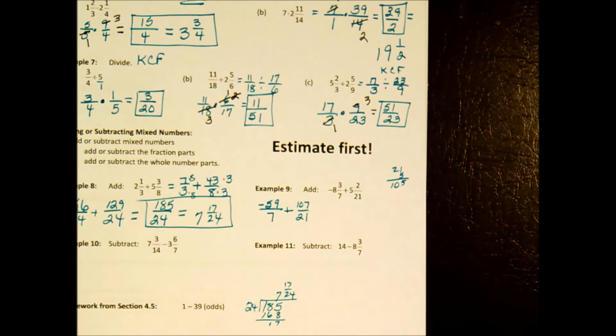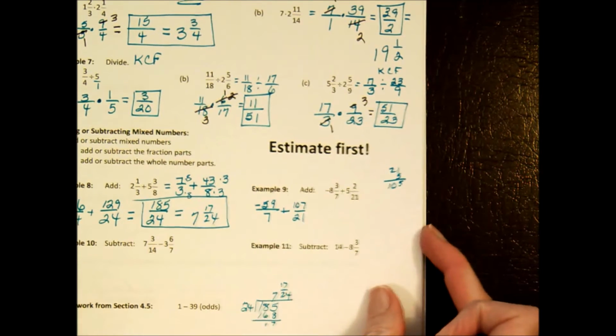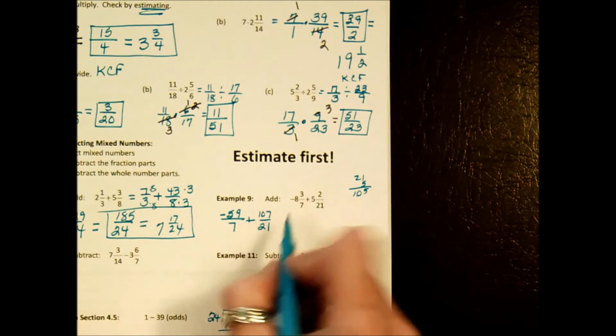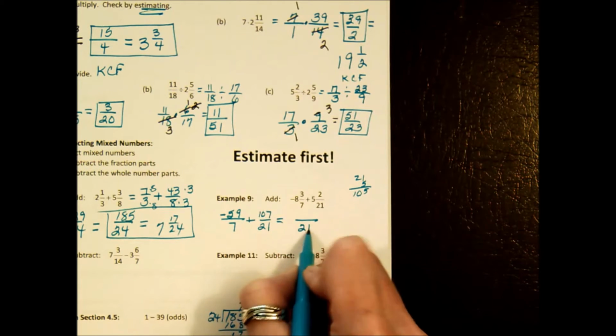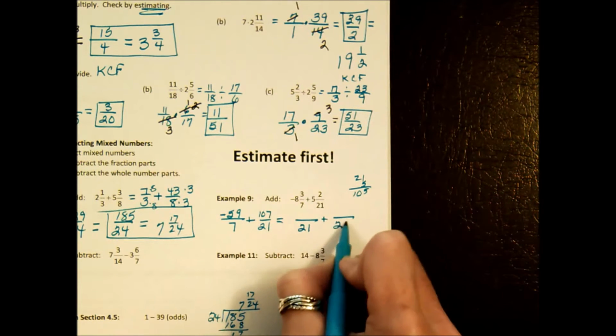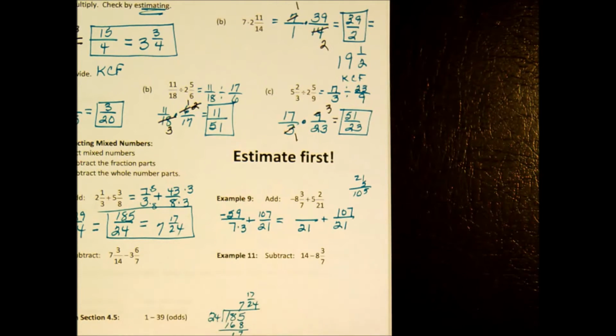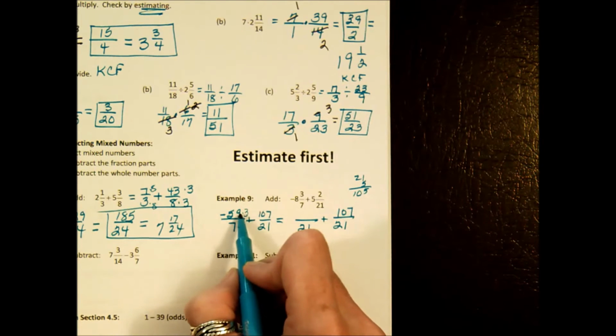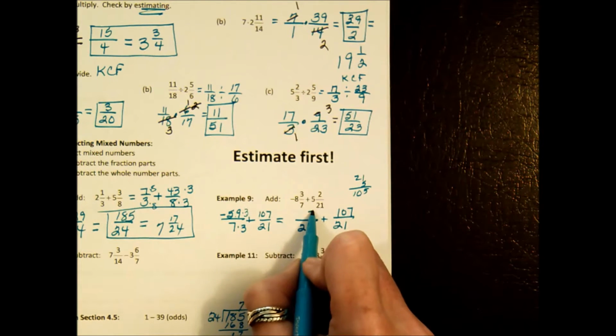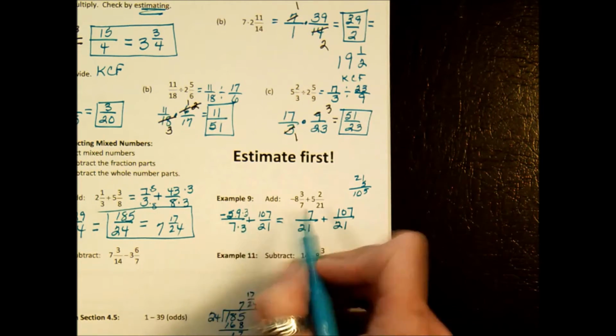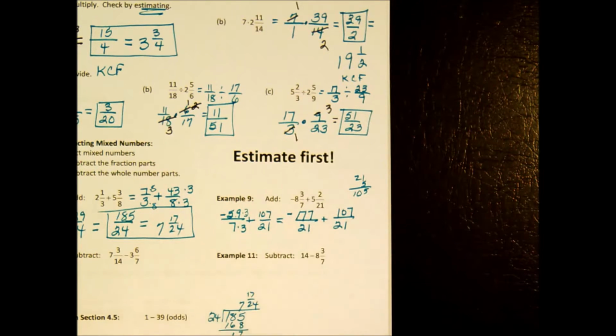I don't like the looks of this one, but it is easy to find the LCD here. It's 21. So the second one is good. What do you do to 7 to get 21? Times 3. So when I do 3 here, I have 3 9s are 27, carry 2, 3 5s are 15, 16, 17. That is negative.